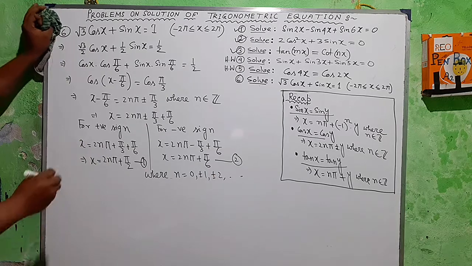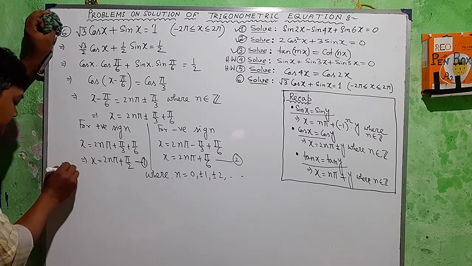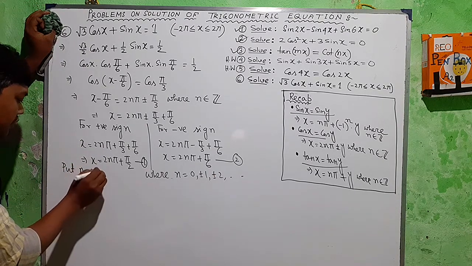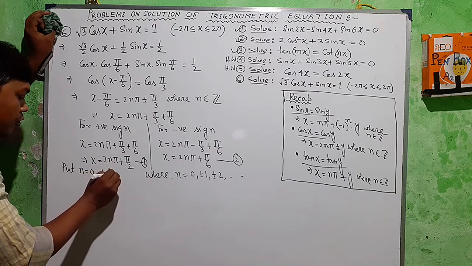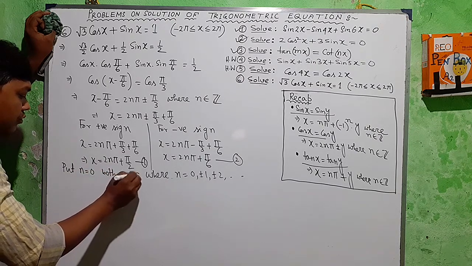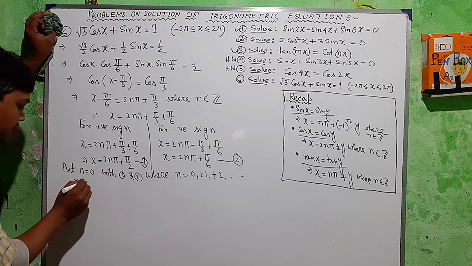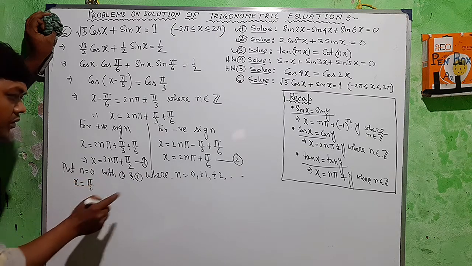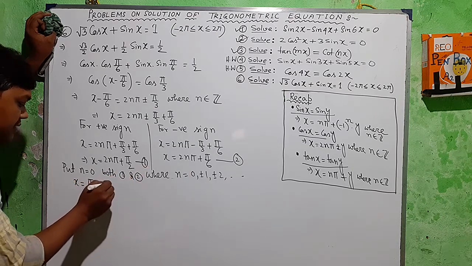Now put n equals to 0 in both 1 and 2. So x equals to pi by 2 and x equals to minus pi by 6.